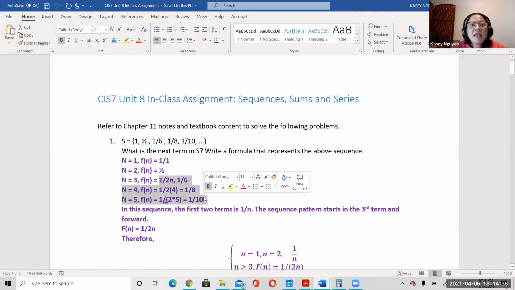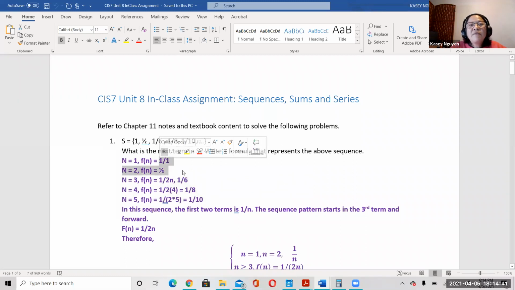You do see that in some cases. The values aren't necessarily seed values, but the pattern picks up after the third term or the fifth term, etc. Because data is data, in some cases we might not see a constructive function until we look further down the line. So this one is a little bit unique compared to the other ones we looked at in the example.